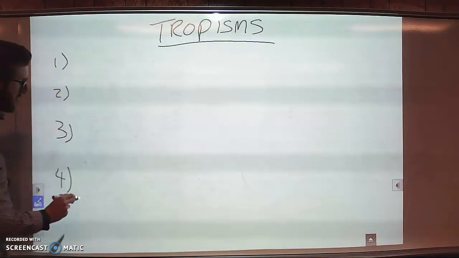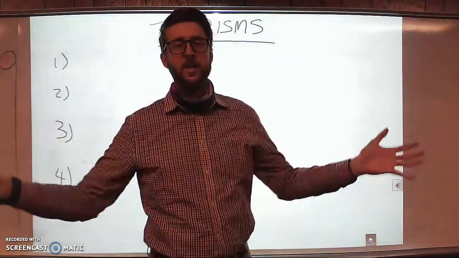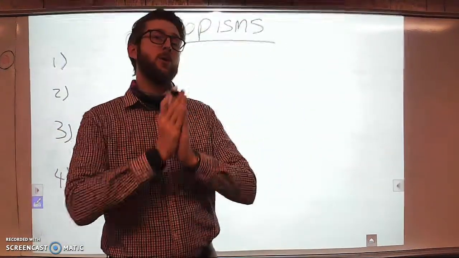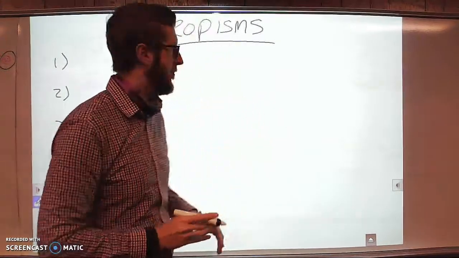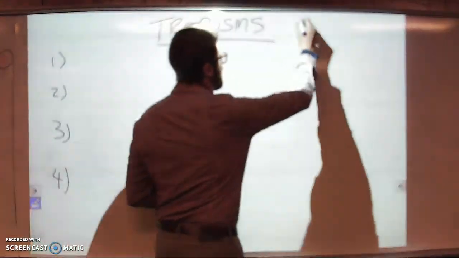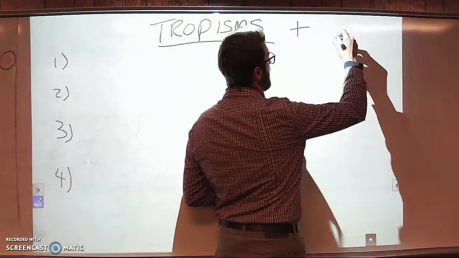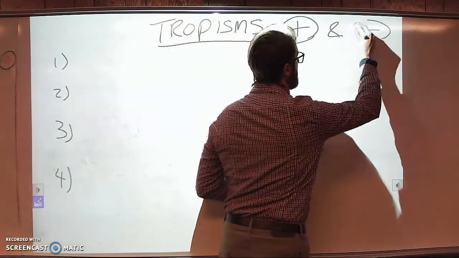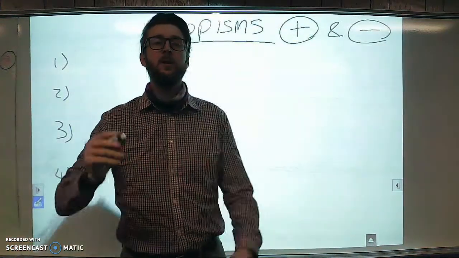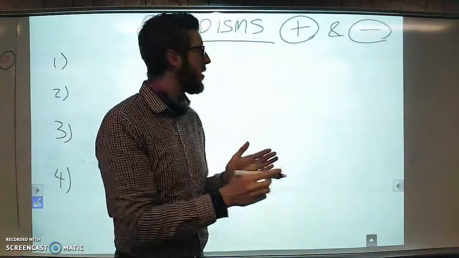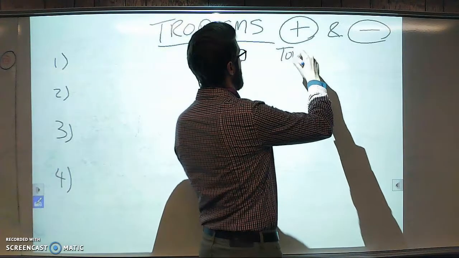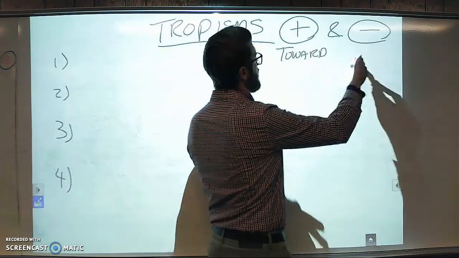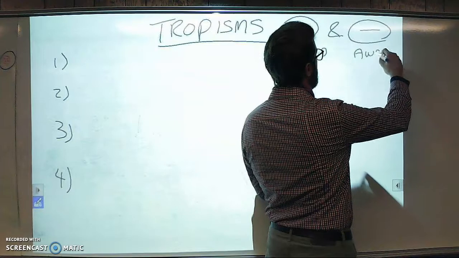Plants are able to sense things in their environment and either go towards them or away from them. And this is what we call positive and negative. So there's positive tropisms and negative tropisms, meaning that you grow toward something or you grow away from it.